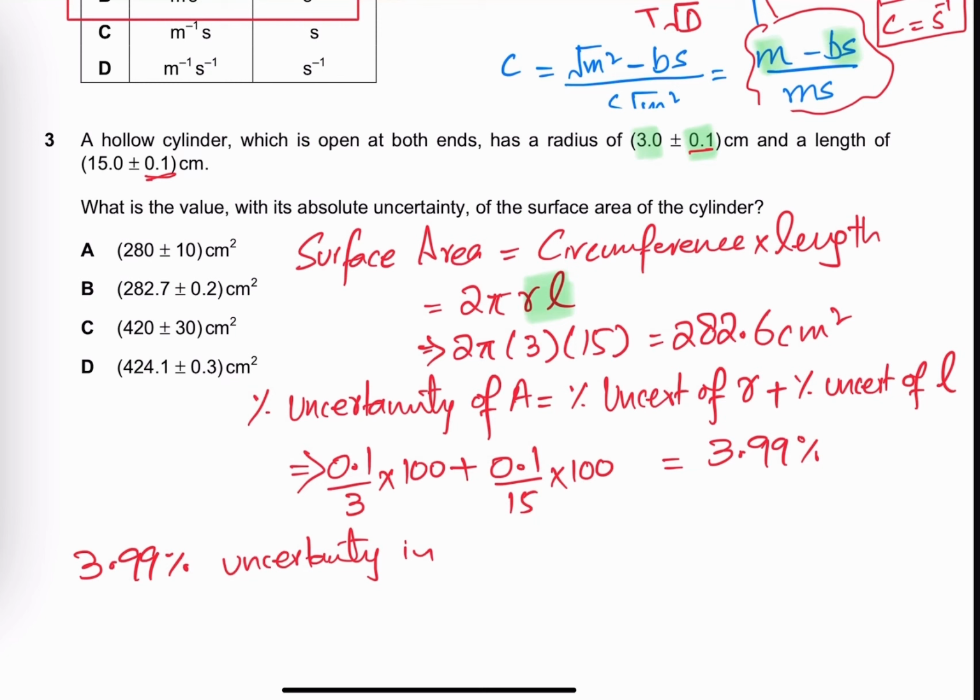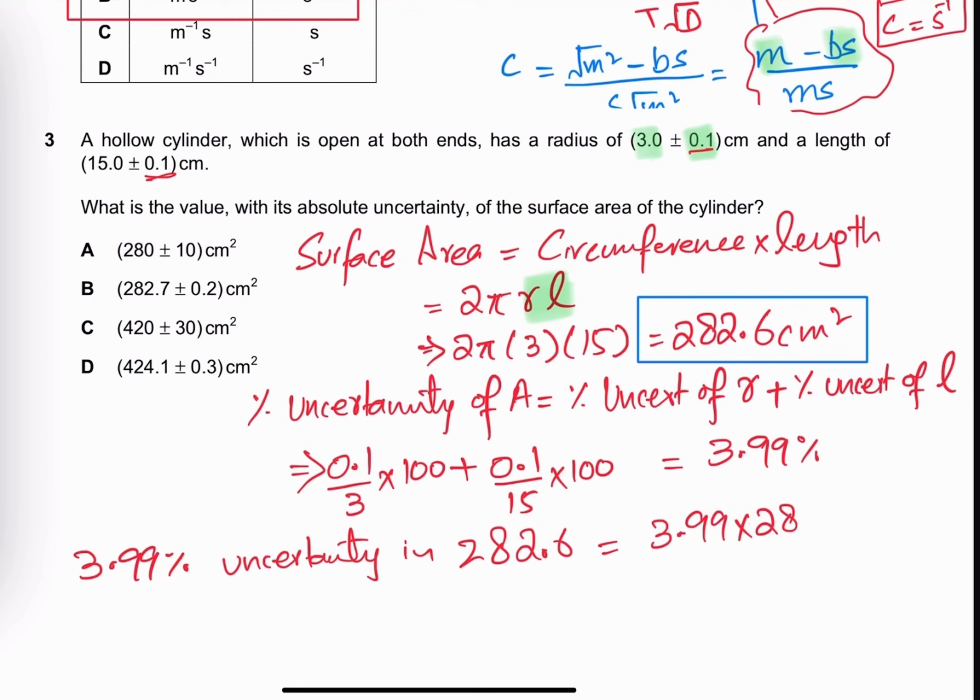in area, and the value of the area was 282.6. Okay, so 3.99 multiplied by 282.6 divided by 100 will give you the absolute uncertainty. It will be 11.27. That is the 3.99% of 282.6.